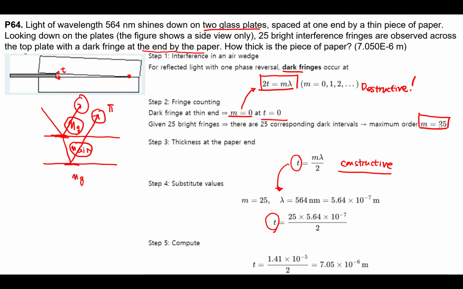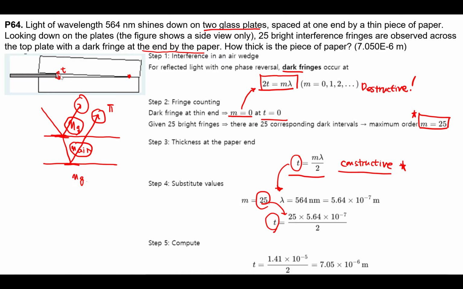So you need to count the right integer. Sometimes it could be 24 or 25, but you need to figure out how to count the m. That's the key thing. In this case m equal to 25, and then you just plug in the numbers for constructive.